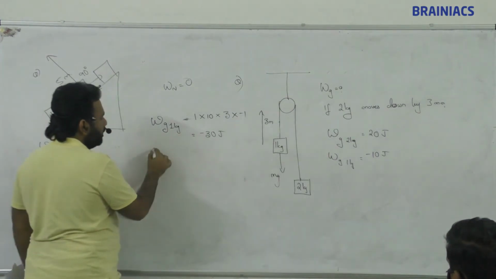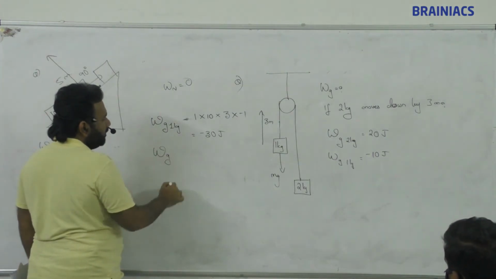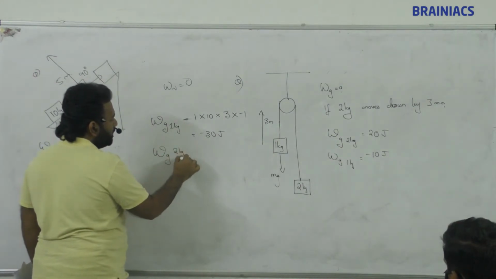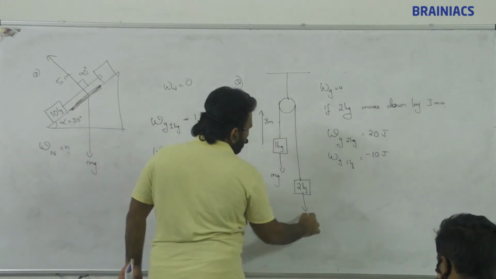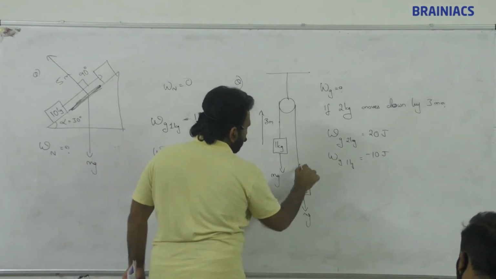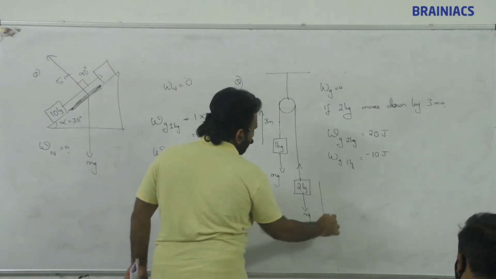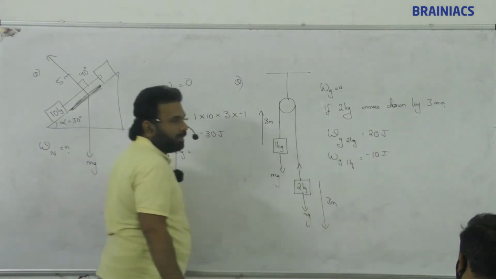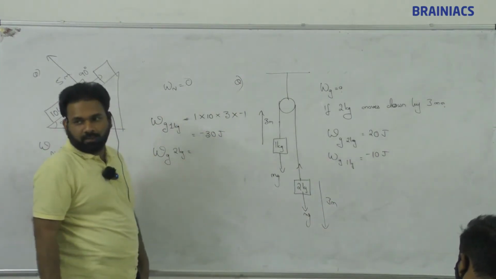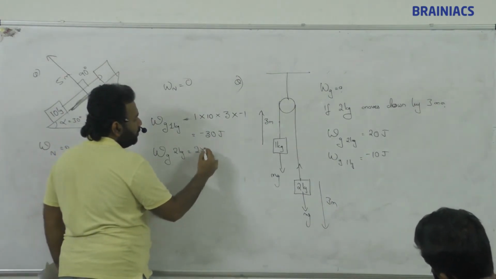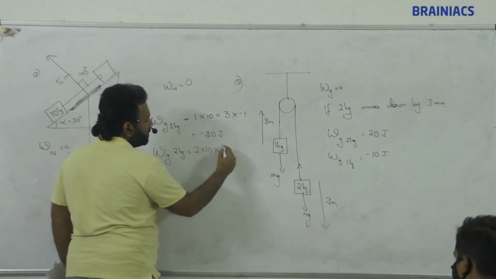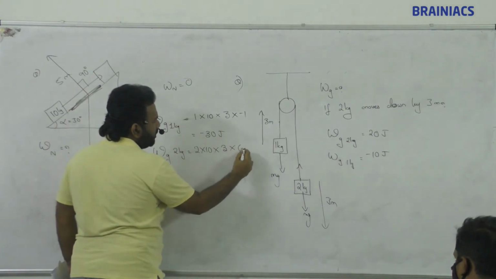Correct or what, Aslam? Okay, and work done by gravity on 2 kg will be what? Here we have a displacement of 3 meter. So 2 into 10 into displacement 3, into cos 0.